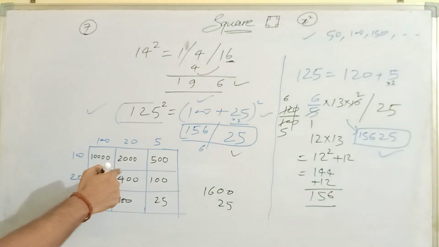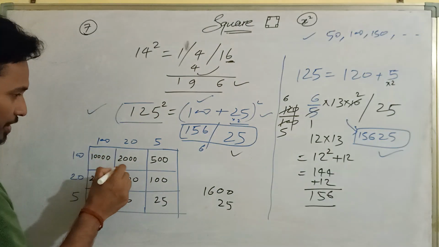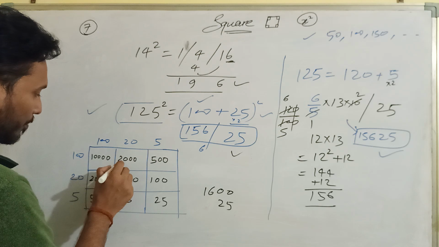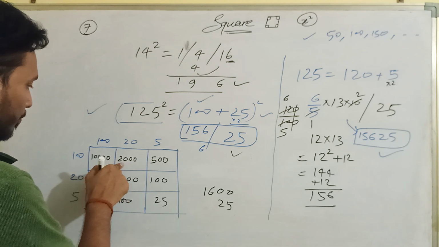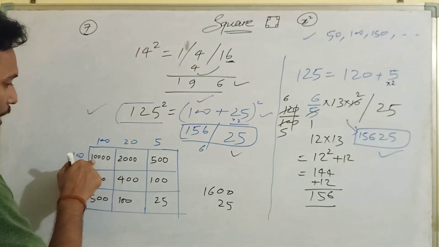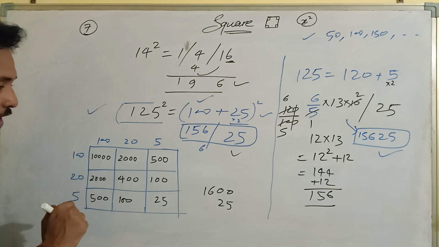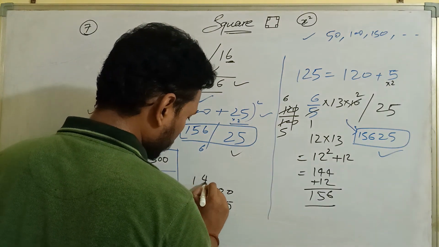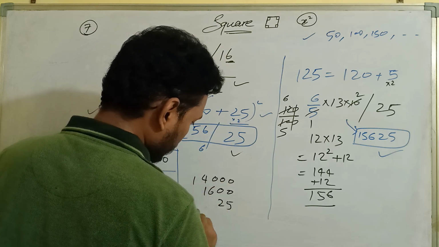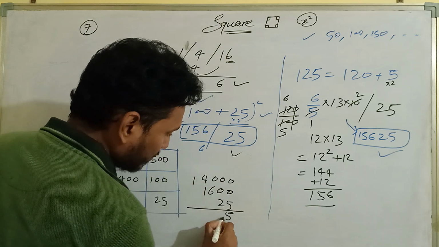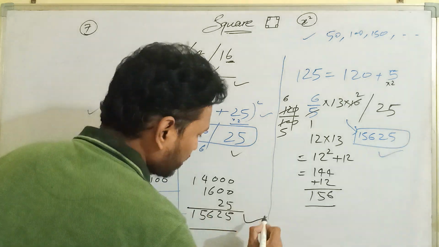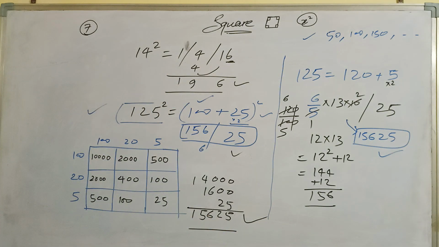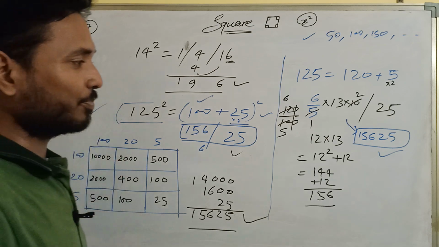Okay. Now here is a four digit number. 2 to 4, 4,000 and 10,000, that means 14,000. Now 15625, this is the other way to solve the same problem.